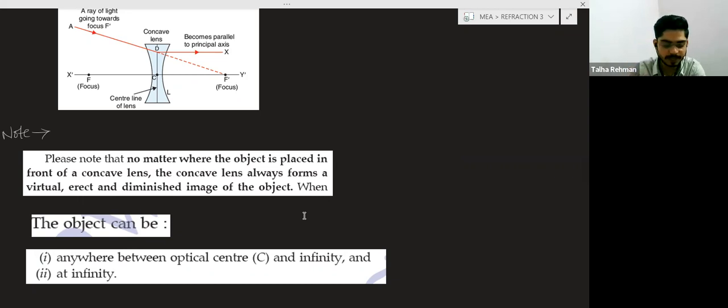So concave lens will always give the virtual, erect, and diminished image of the object.